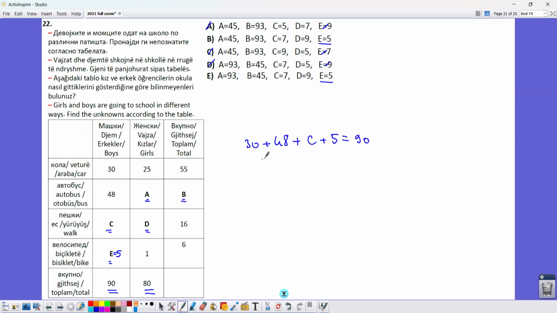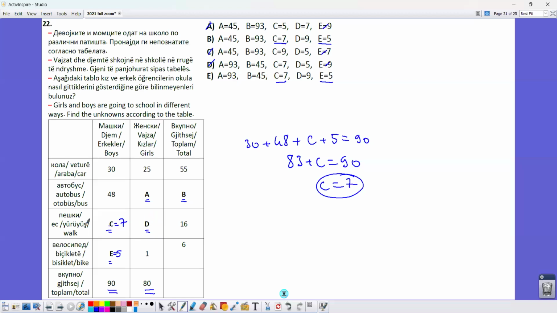So here I have 30 plus 48, 78, plus 5, it's 83, plus C is equal to 90. So C is equal to 7. We found that there are 7 boys going by walking. So when I check in B and E, in both of them, C is 7.